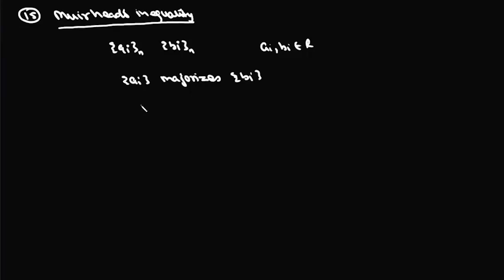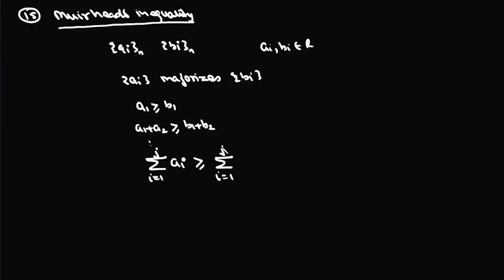It simply means that a1 must be greater than or equal to b1, a1 plus a2 must be greater than or equal to b1 plus b2, or in general the summation of ai, where i varies from 1 to j, must be greater than or equal to the summation of bi, i varies from 1 to j, for all j lying between 1 and n, and the sum i varies from 1 to n ai must be equal to the sum i equals 1 to n bi.